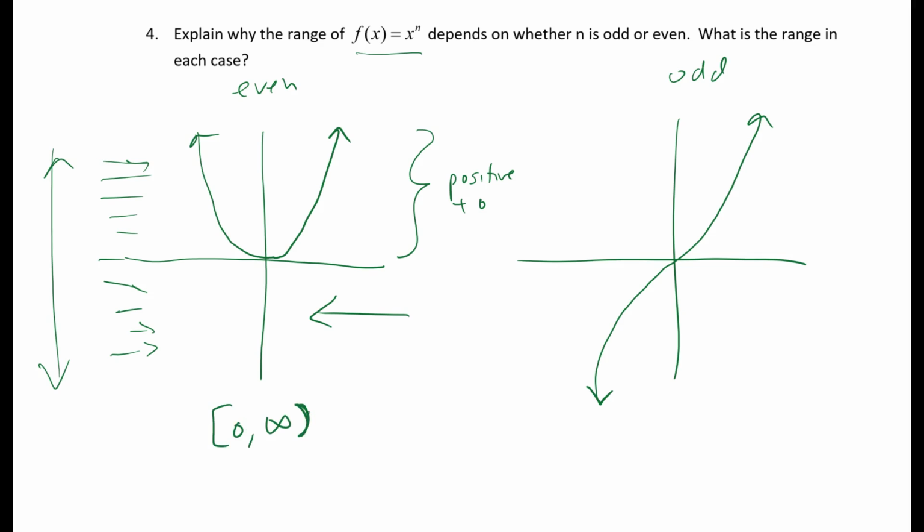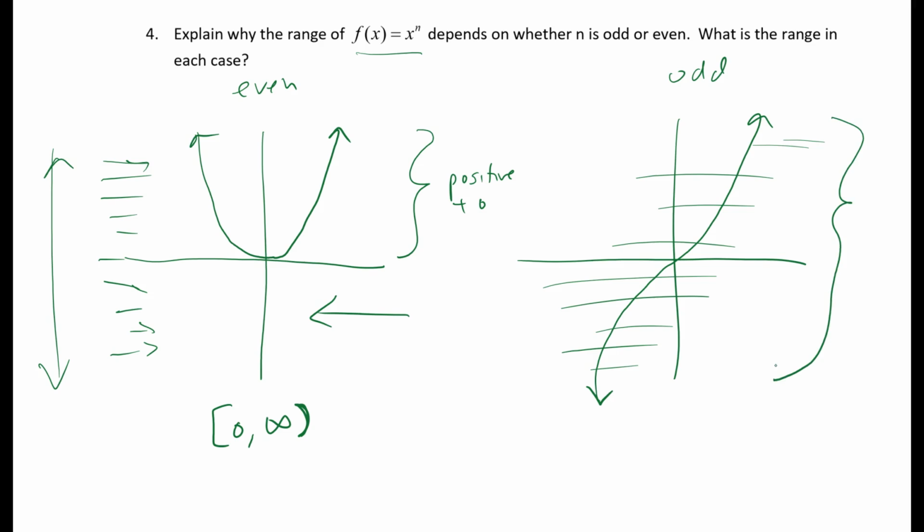There's nothing down in this range, so the outputs can be between 0 and infinity if n is even. But here, if we scan this way, we see that every possible number can come in the output range. So all real numbers, and we're going to write the range of this as negative infinity to infinity. So the range of outputs depends on whether n is odd or even.